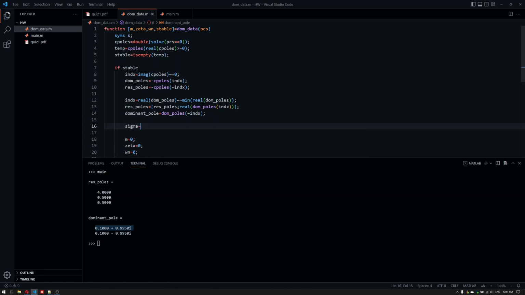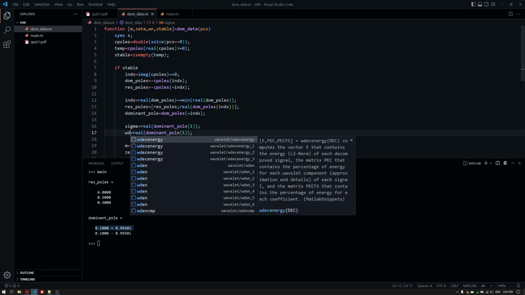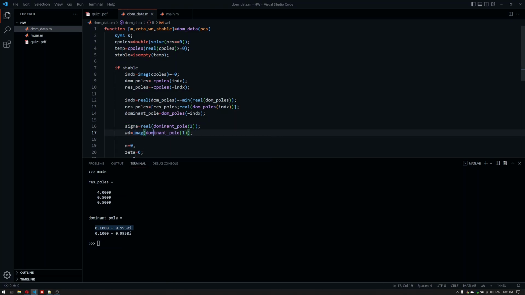So let's begin with sigma, which is basically the real part of the dominant pole. I can just choose one of the dominant poles here because it's a pole pair. And I would then get omega d, which is going to be the imaginary part of the dominant pole. Now, I could also take the absolute value to be a bit more safe. If it's the negative one, I'm just getting rid of the minus sign here. Now, if I'm interested in omega n, let's actually calculate zeta here.